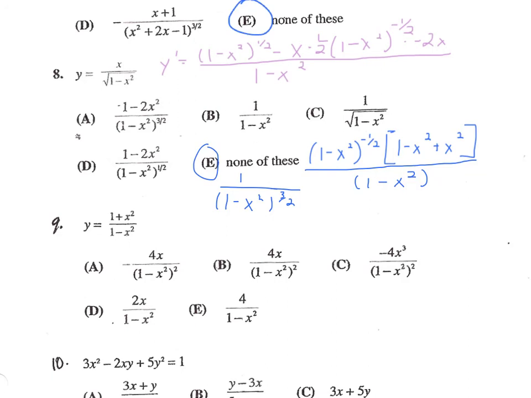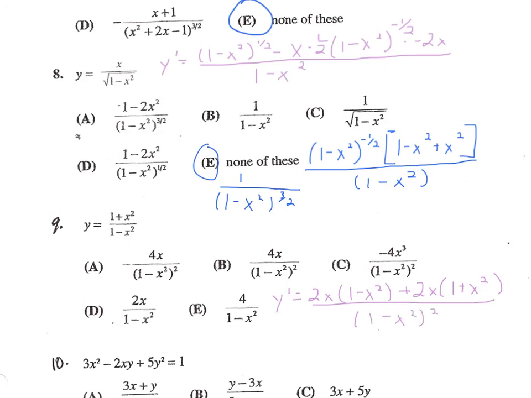For number 9, again, we need to use the quotient rule, but this time it should be a little bit easier for us. So we'll do the derivative of the top, which is 2x times the bottom, minus the derivative of the bottom, which will be a negative 2x. We'll turn that to a positive, times the top, all over the bottom squared.